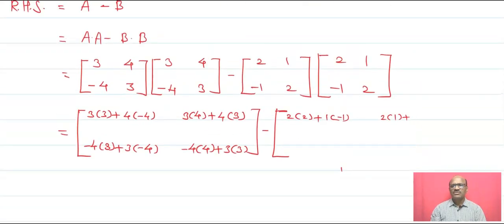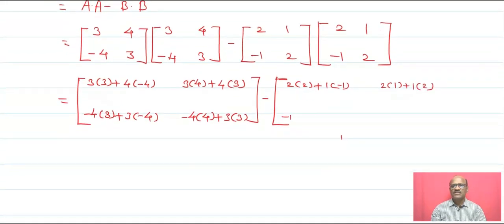That is the first row, second column multiplication. Now see this, that is minus 1, 2, 2 minus 1, minus 1, 1 and plus 2 into 2.